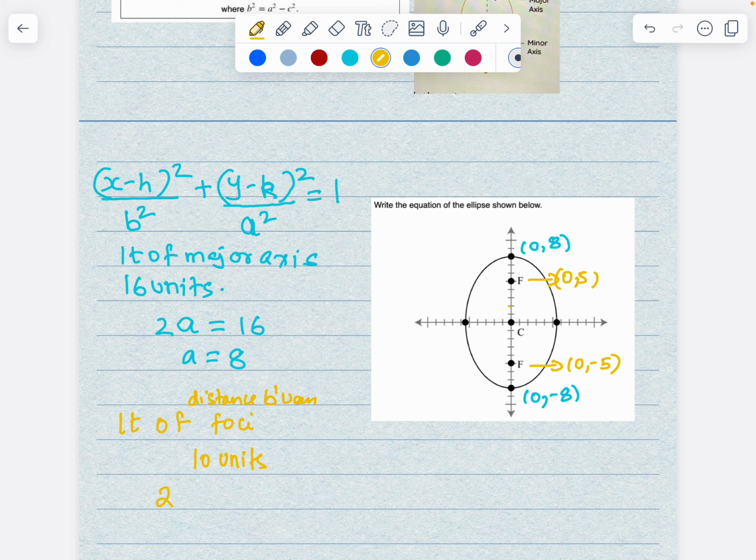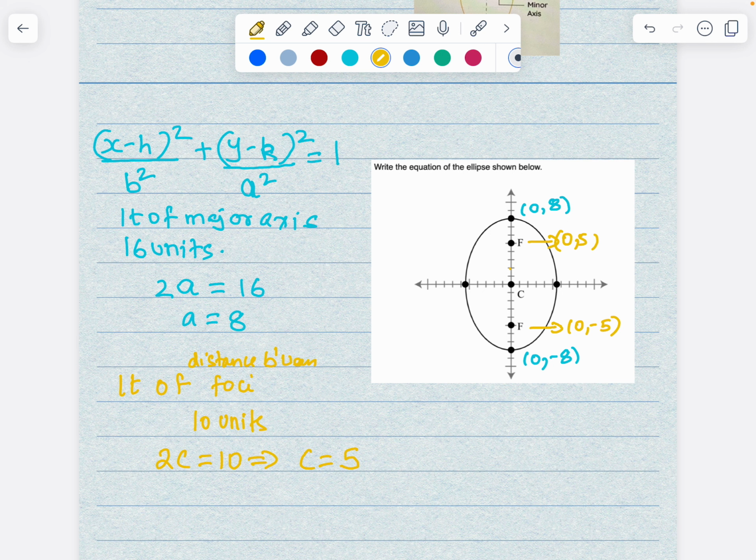So your 2c is 10, which implies c is 5. And you have a and c, so now you know the relationship between a, b and c, because you now want to know this distance. So you can say b square is equal to a square minus c square.